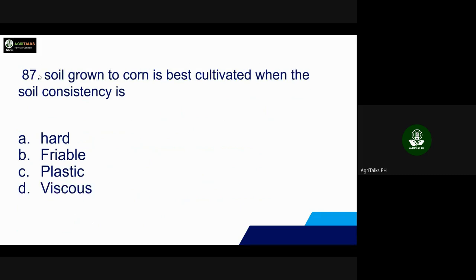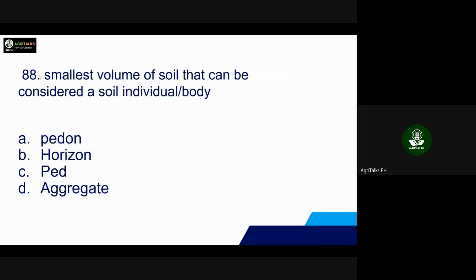87. Soil grown to corn is best cultivated when the soil consistency is blank: hard, friable, plastic, viscous. So, for corn, which is a plant that does not like stagnant water, it is best cultivated when the soil consistency is friable. When I say friable, buhaghag, no? Buhaghag po siya. Hindi siya matigas. 88.